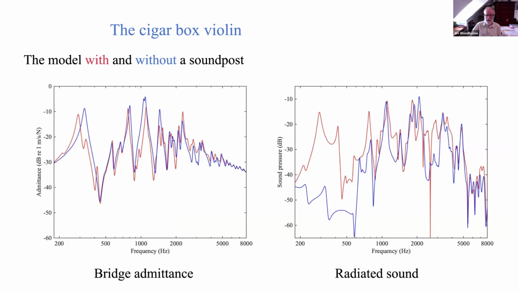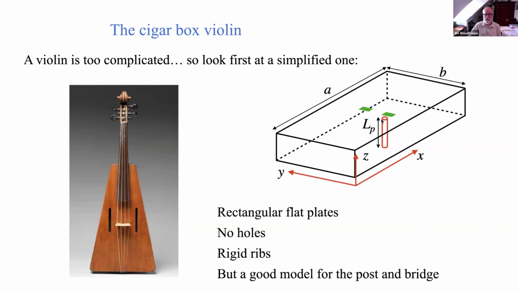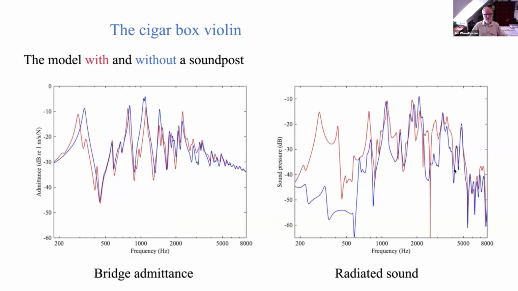The virtue of the cigar box is that we can get a really simple model in the computer. Rectangular plates have vibration modes, which every undergraduate learns in about their second year. So the mode shapes and the frequencies can be predicted, and how they vary if you change the parameters can be predicted. So we can use the model to explore things.